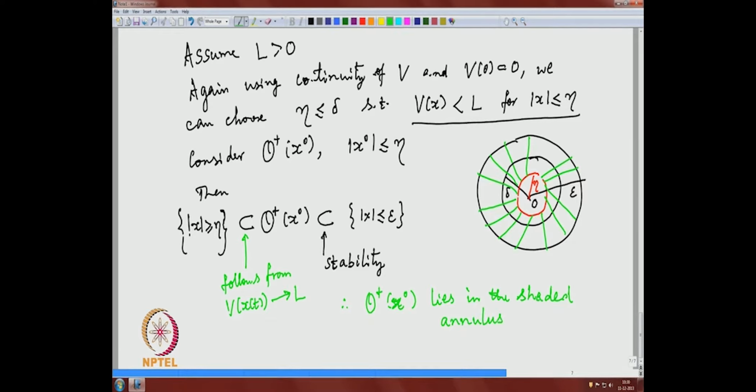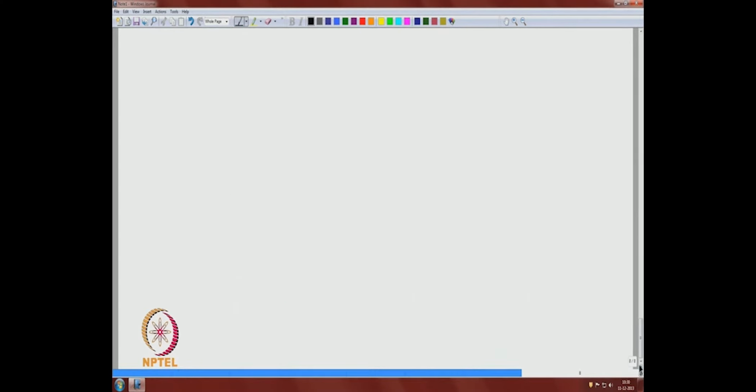Follow this geometry. Now we use the second hypothesis. On the annulus, eta less than or equal to mod x less than or equal to epsilon, which is closed and bounded, that is a compact set.